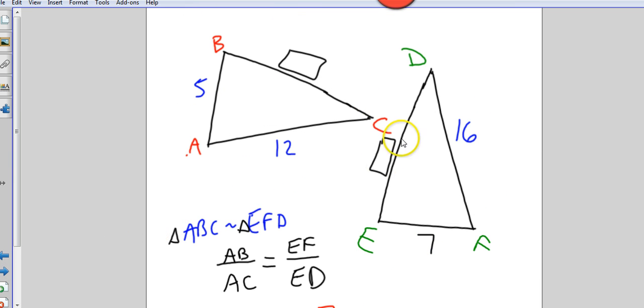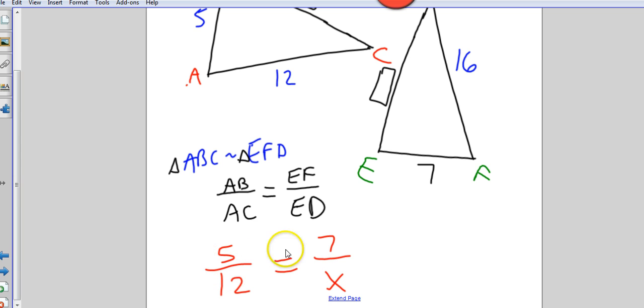Okay, so to solve for DE or ED, that side, we've got to figure out that ED has got to correspond with AC. And so I've written the corresponding parts, the correspondence proportion, that AB over AC, so that would be this side over this side, will be the same as 7, EF over ED, which is, in this case, our unknown, or x.